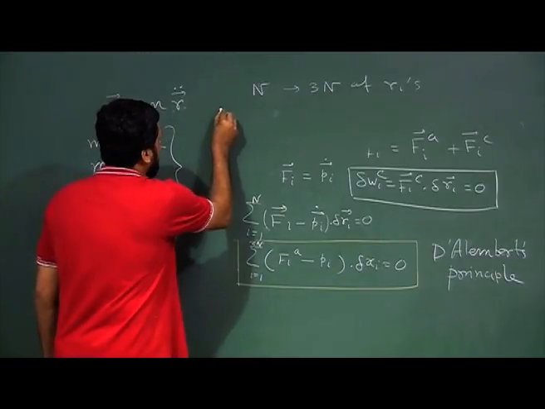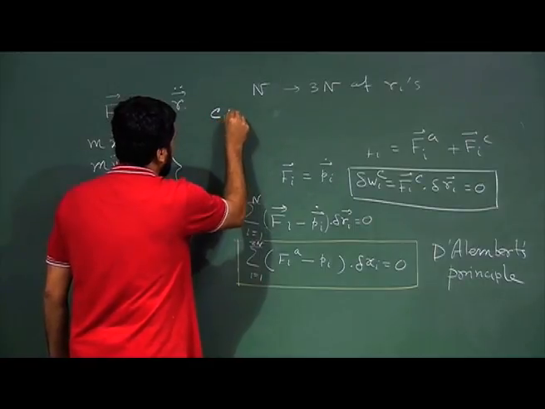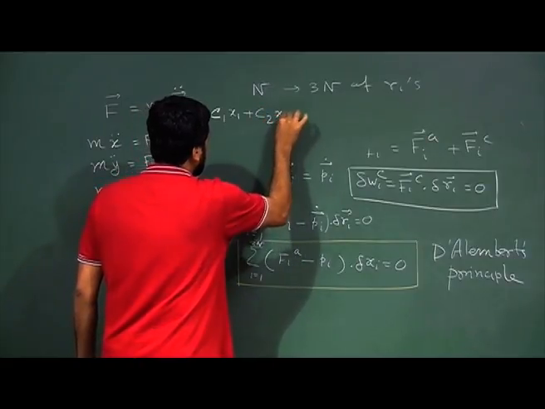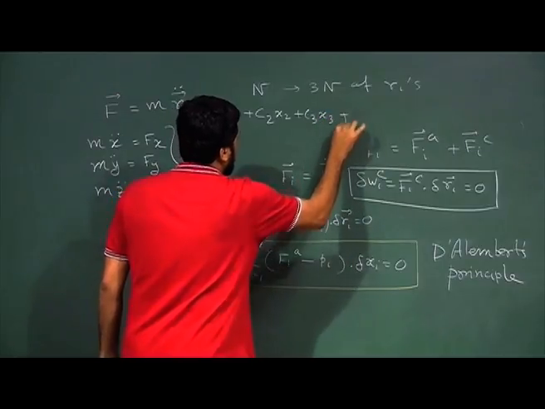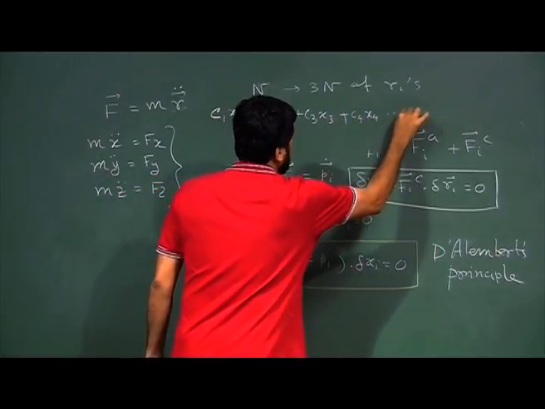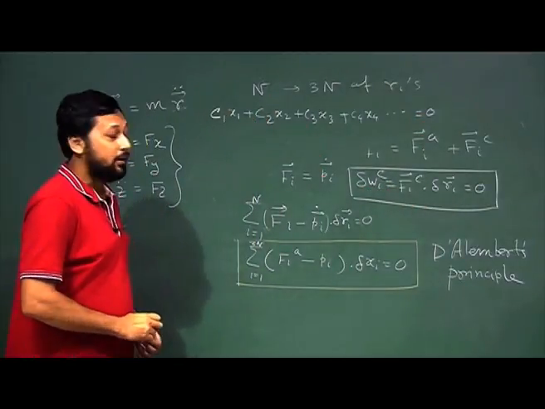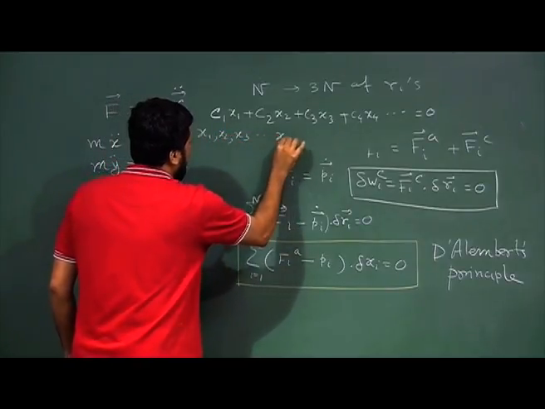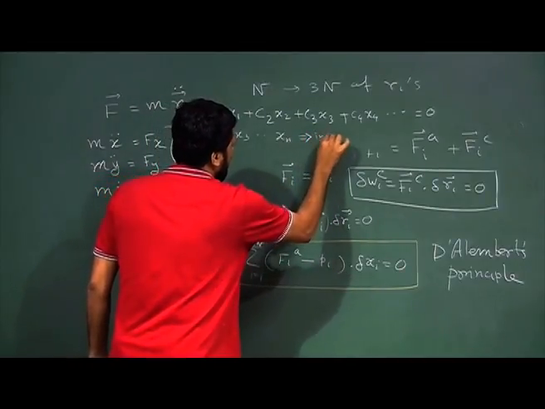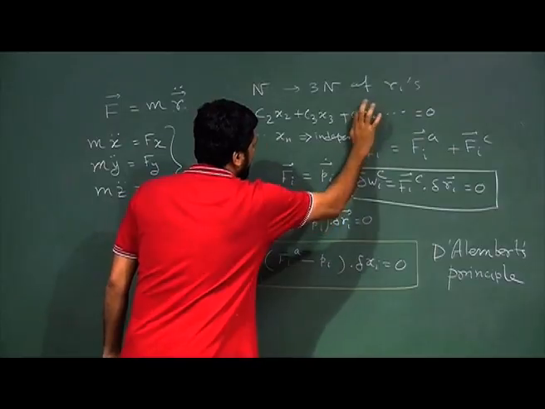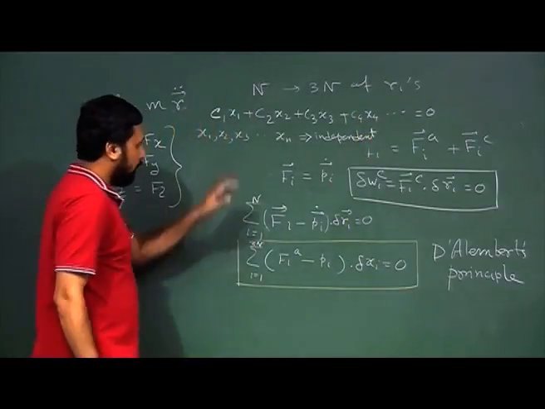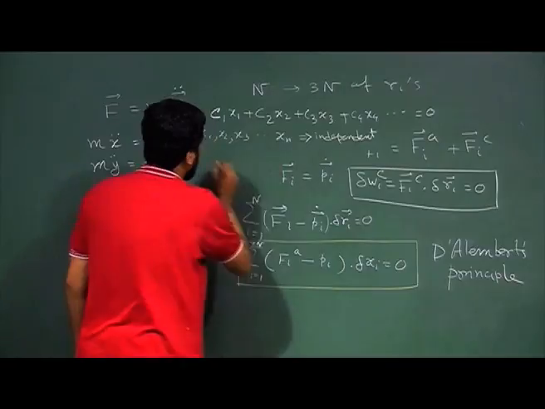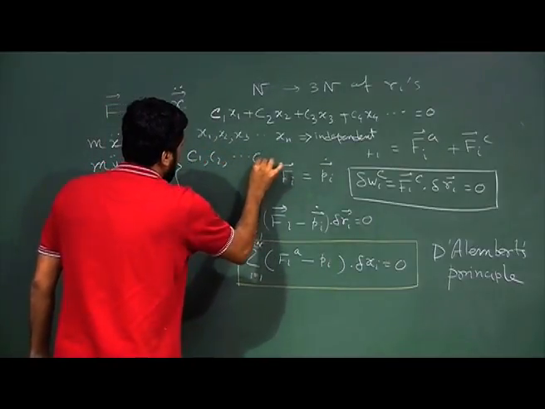Please recall that if you have a linear equation of the form C1 x1 plus C2 x2 plus C3 x3 plus C4 x4 equal to 0, and x1, x2, x3 up to xn are all independent coordinates, then and only then can you say this equation implies C1, C2, up to Cn equal to 0.